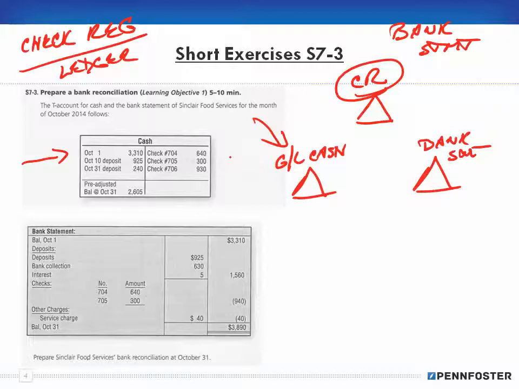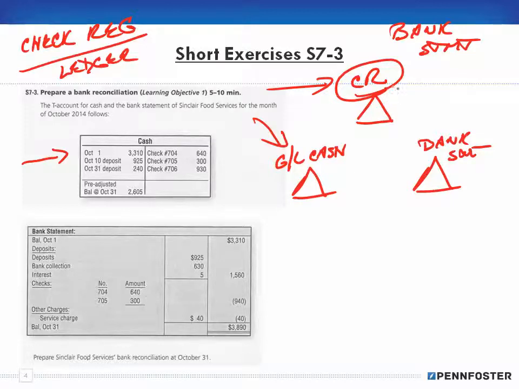You might only post to your cash account once a day, maybe twice a week, maybe even only once a week. But you have transactions occurring on an ongoing basis, and so you generally keep a check register in order to keep track of your cash on this ongoing basis.